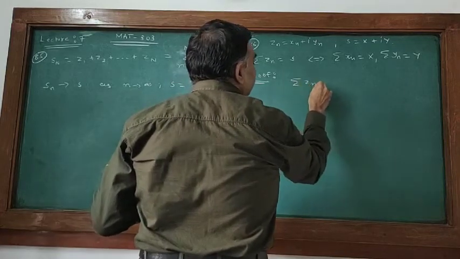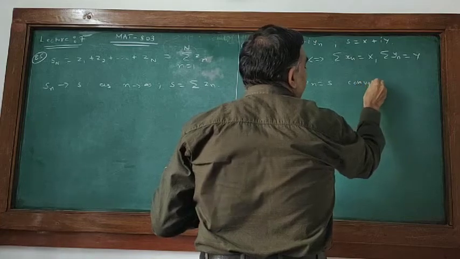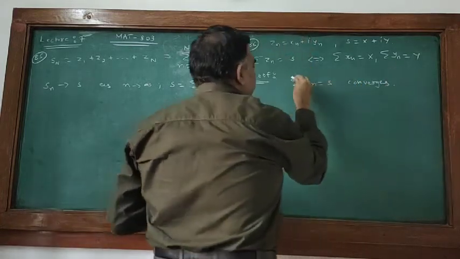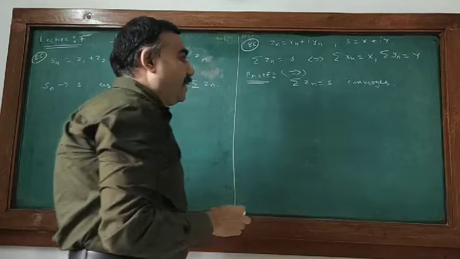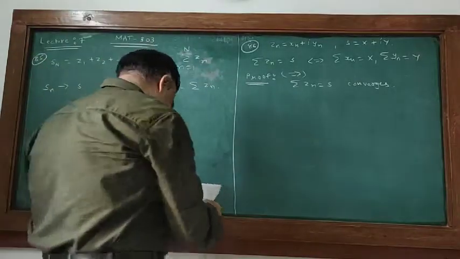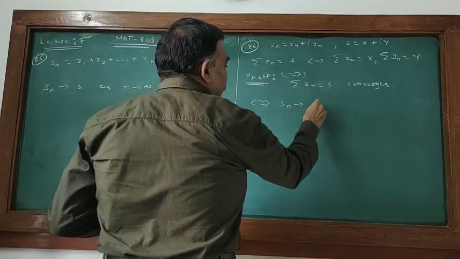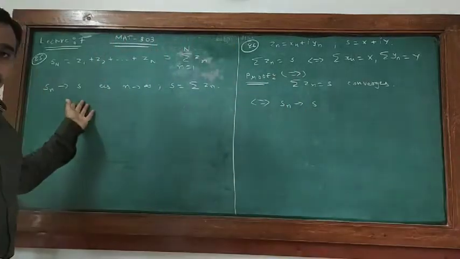Sigma Zn equal to S converges. So I start with one part, and the remaining part is the converse. This implies S_N converges to S as in the definition.